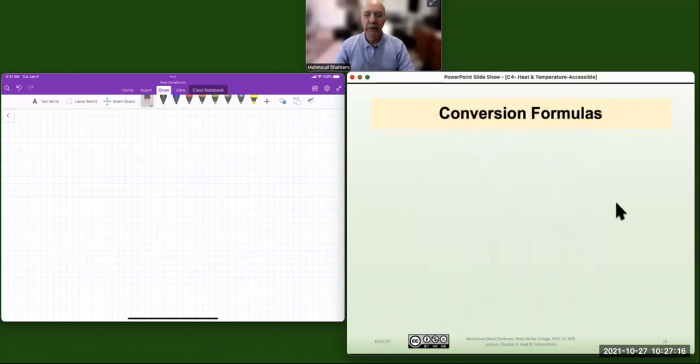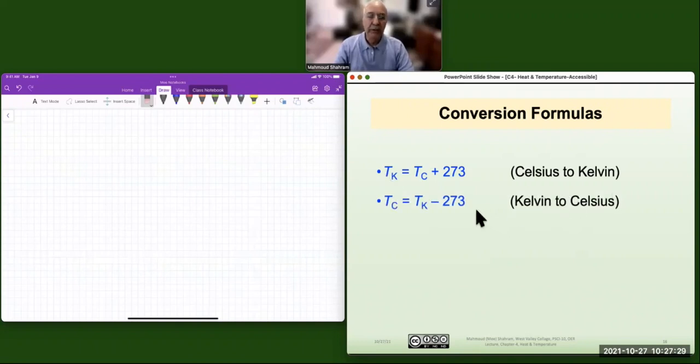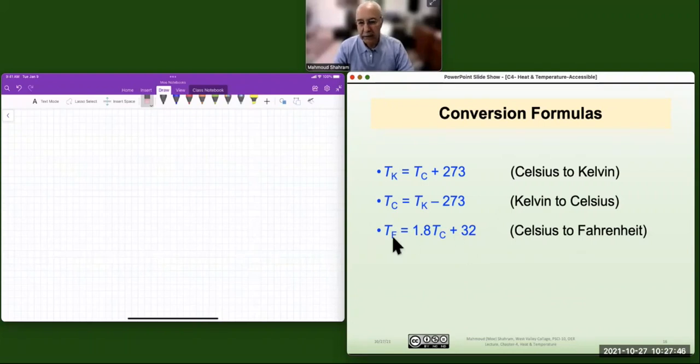Now, how do we convert? Easy. If you give me a Celsius temperature, all I have to do is add 273 and I get Kelvin. If you give me a Kelvin temperature, I subtract 273 and I get Celsius. If you give me a Celsius, I multiply it by 1.8 and add 32, and that gives me Fahrenheit.